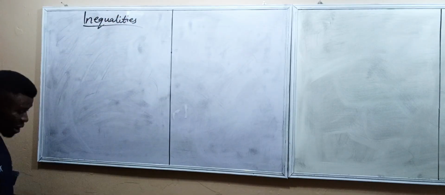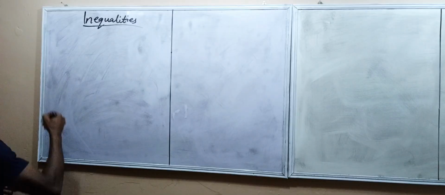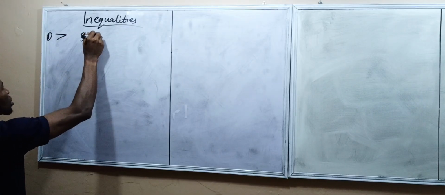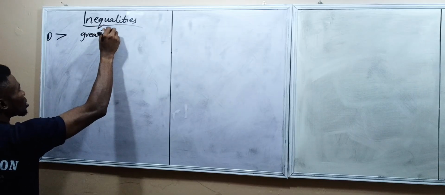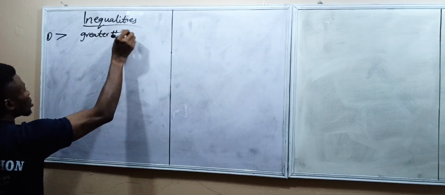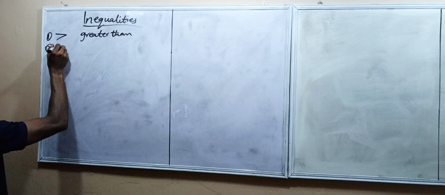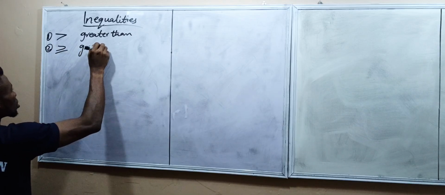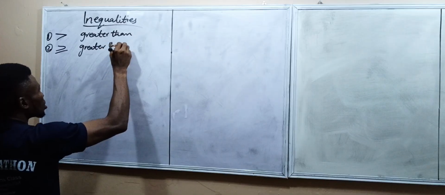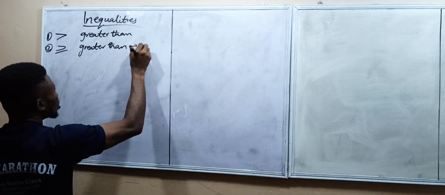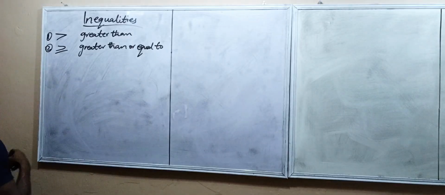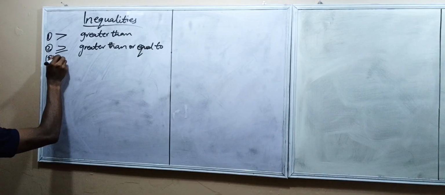Now, like I said, we are starting with the symbols of inequalities. The very first one is this, which we call greater than. And then we have another one, something like this, which we call greater than or equal to. And then we have another one, which is this.